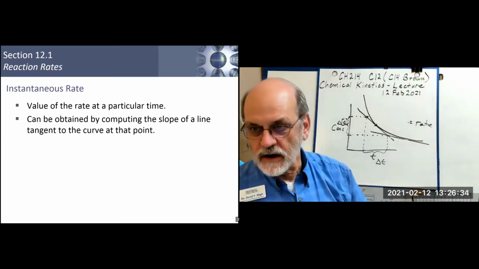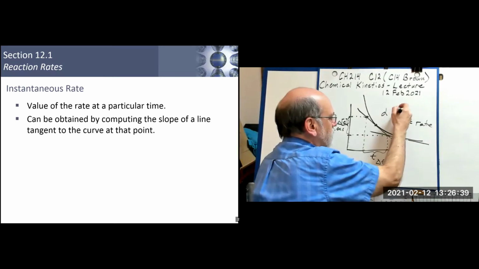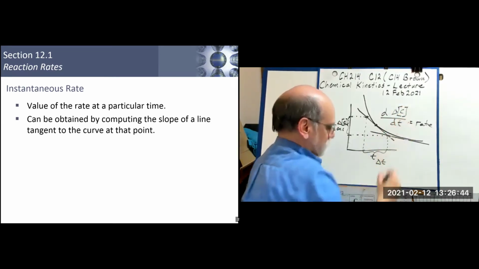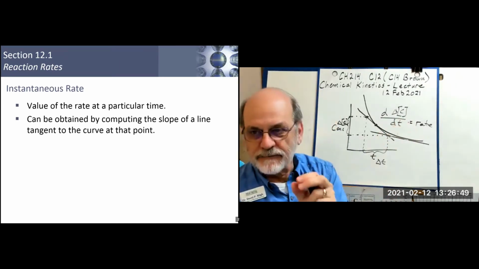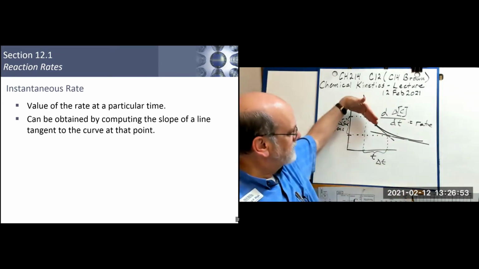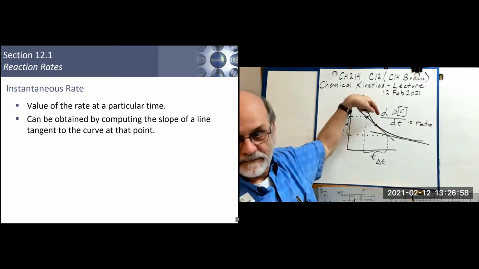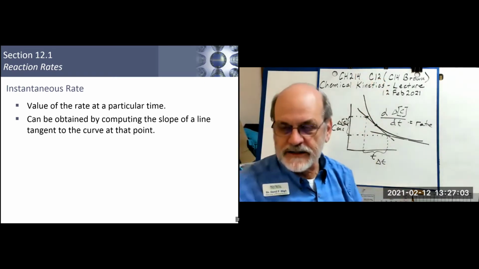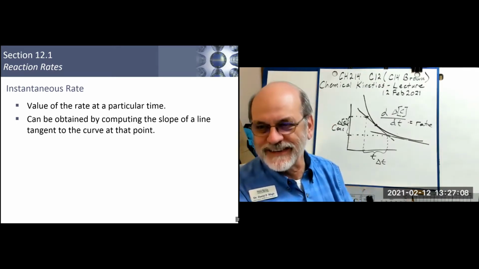In calculus, we call it d, d delta concentration over dt. Remember that? The d just means an infinitesimally small change, which is required to understand the instantaneous rate at that point. So instead of delta, we use the little d. That's differential calculus. Okay, maybe it'll come back to you.